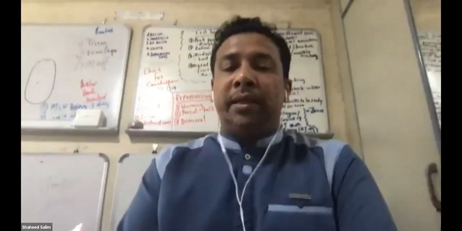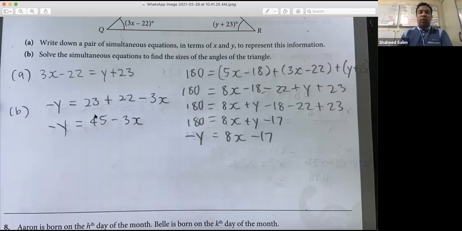92. Okay, 92. So now in this question, for A, write down a pair of simultaneous equations. I just want to make sure you understand what you are supposed to do. Once you do this, you're correct. So minus 197.